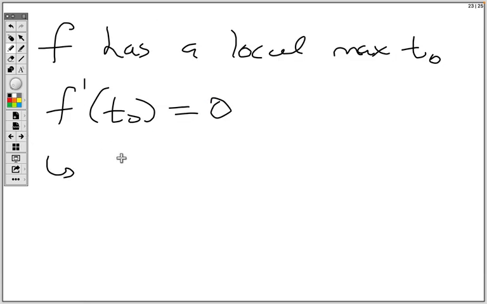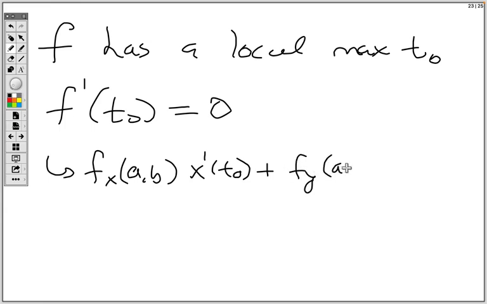So what would that look like? Well, the partial with respect to x at t naught would be f_x at (a, b), x prime at t naught, plus the partial with respect to y would give you f_y at (a, b) times y prime of t naught is equal to 0. And by golly, what do we have?